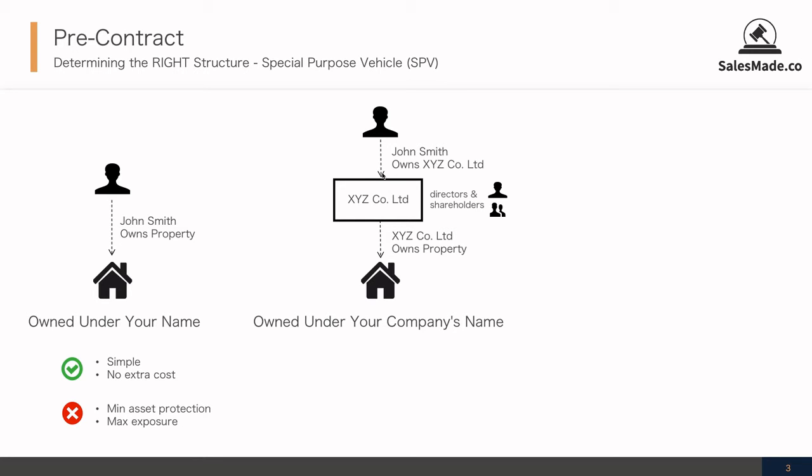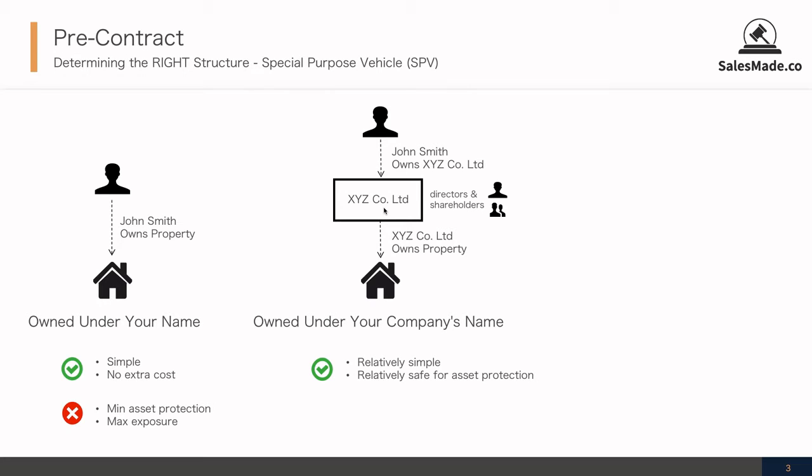So there is an extra layer of shield, if you like. When John gets sued later on and people go after John's personal assets, the property itself does not belong to John. It belongs to the company. People can still search who owns the company, and if John is one of the shareholders, then theoretically people can still go after John. But comparing to the first case, this has a higher level of protection.